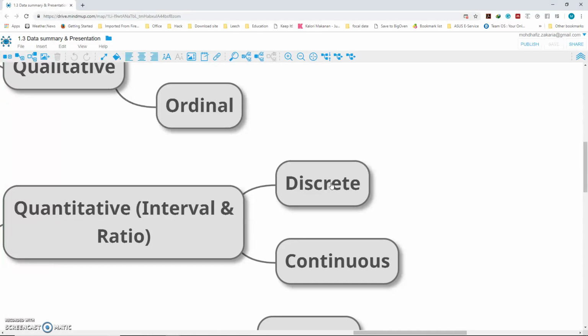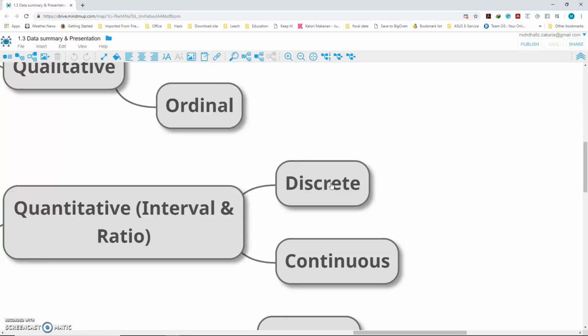What else can we have? Number of persons, number of books, number of laptops, number of things. Usually tangible things are in whole numbers. It is impossible to have 1.5 students, it is not making any sense.